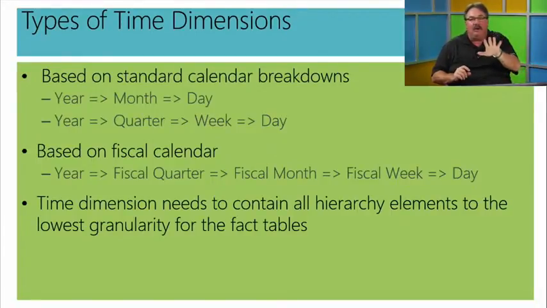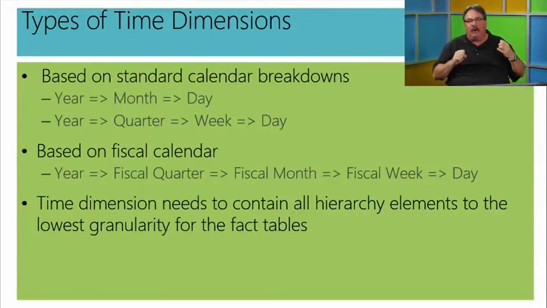Now, I flipped a little bit outside of the data warehouse into a little bit of terminology that's more appropriate to analysis services because that's where those hierarchies really come into play. But the problem is that you have to take that into consideration when you're building your time dimension. Absolutely. A hierarchy is the relationship between different levels in a dimension.